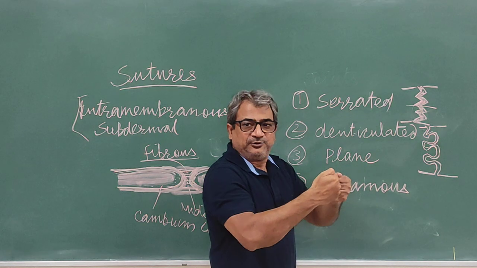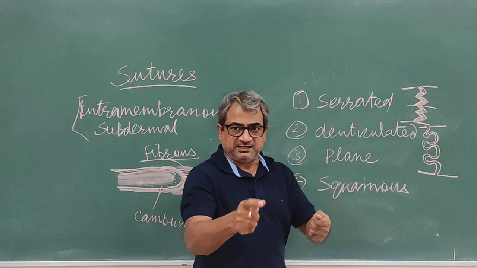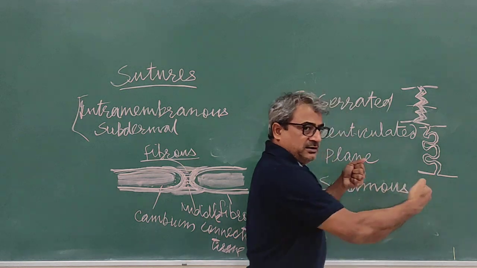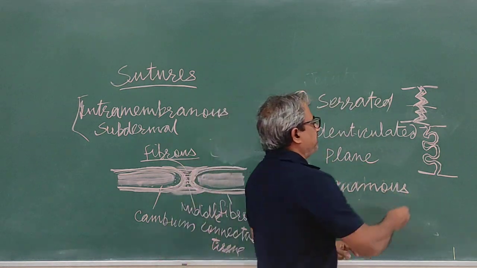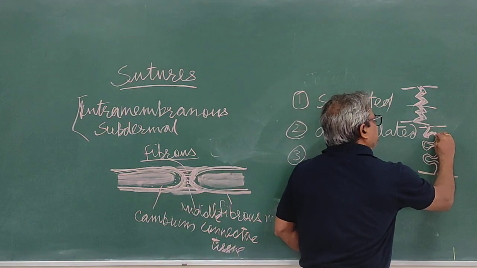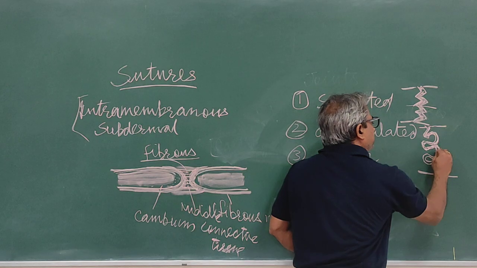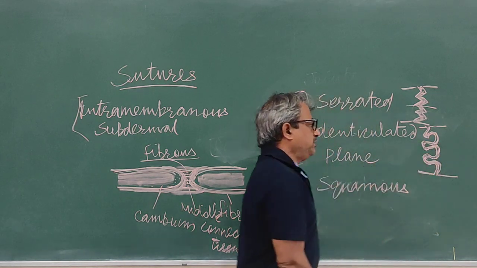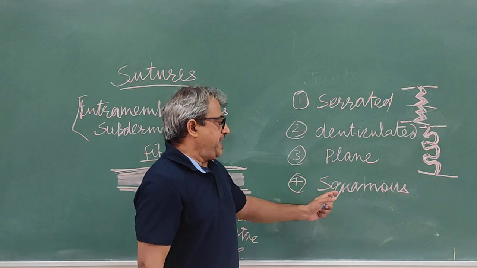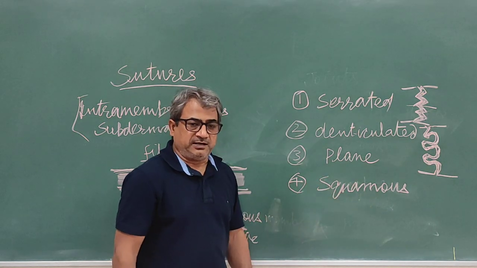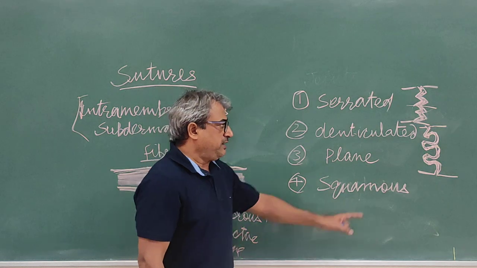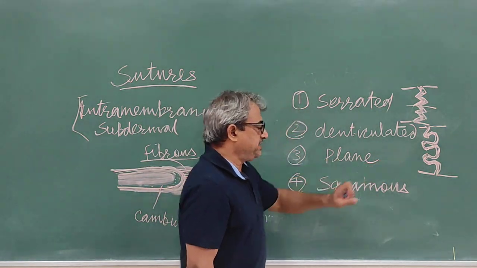They are fitted into each other, like the jigsaw puzzles we generally have. It's difficult to pull them back, and of course in between them what is present? The fibrous tissue, which is formed, right? And the squamous type particularly is the one in the region, and where it is present, it is present in the lambda region.